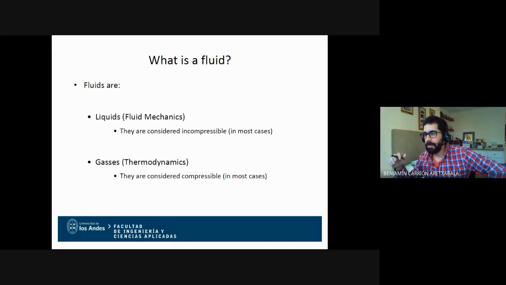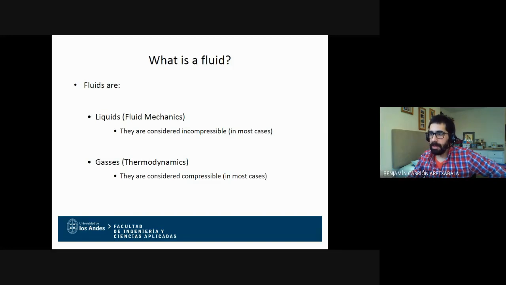What's the difference between the ocean and, let's say, the clouds? They both behave like fluids. They can be described by the same equations. The main difference is that gases can be compressed, and the relationship between pressure, volume, and temperature is important. That's normally covered in thermodynamics, which you've probably seen or will see at some point.